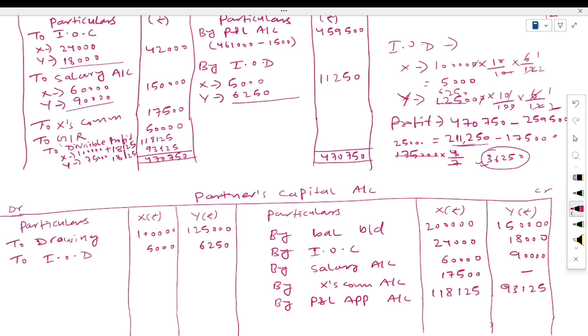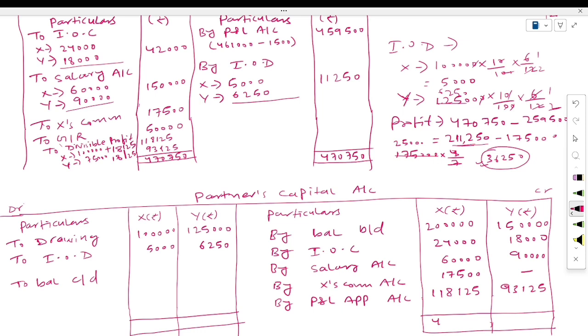Now what we have to do? We have to balance these amounts and we have to calculate the closing balance of the capital. It means to balance CD we have to calculate. Okay, see here what will be the total amount? 2 lakh plus 60,000 plus 24,000.